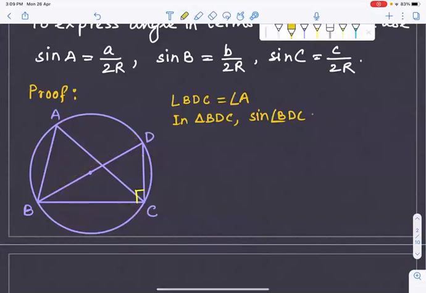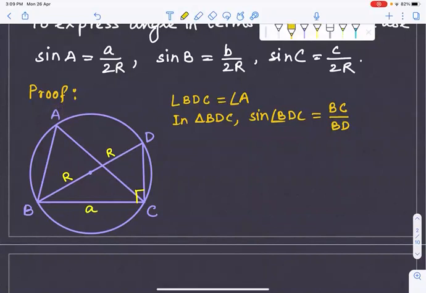So that will be BC by BD, and let us take the radius of the circle as R. Radius is from here, and the other part of the radius is also R. So the total diameter is 2R. And of course, we know that for a triangle, capital A is this angle. Opposite to that, we have side BC, which I denote by small a.